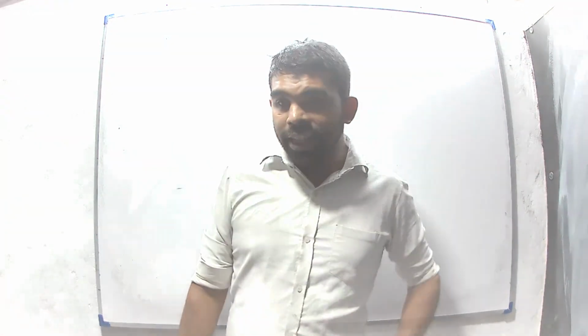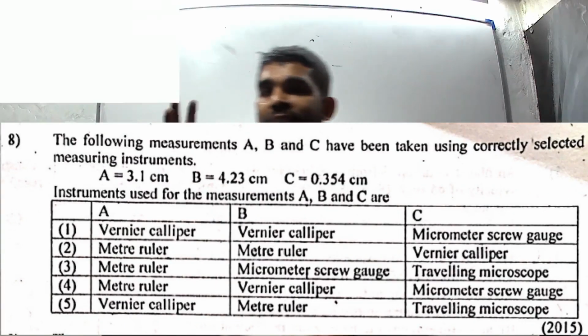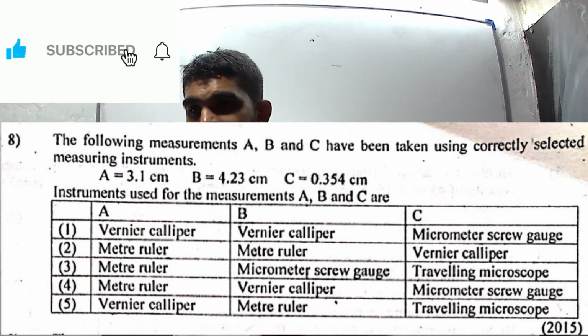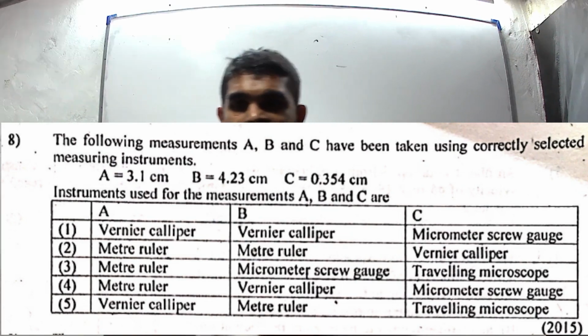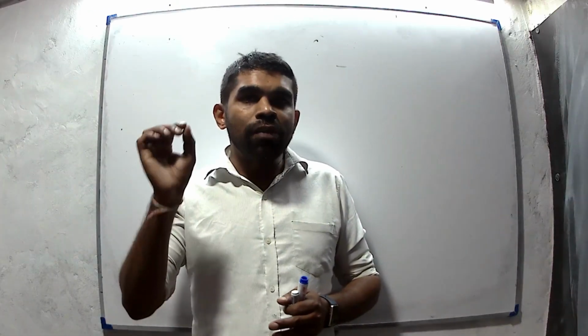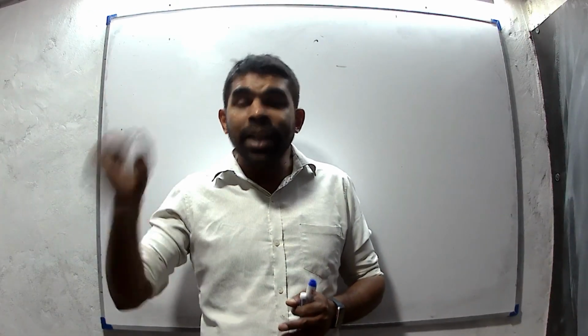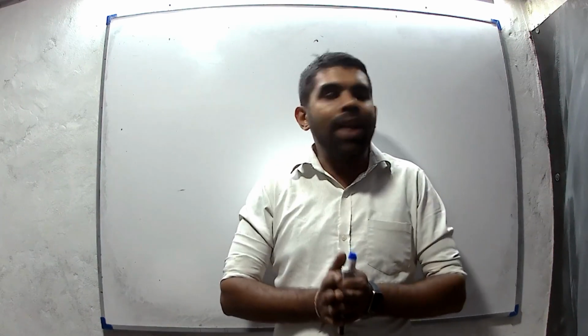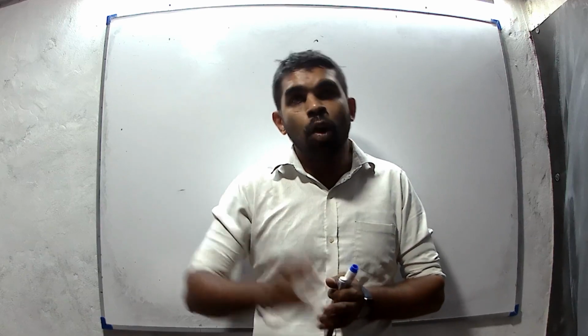Then question number 8. The following measurements A, B, C have been taken using correctly selected measuring instruments. A, 3.1 centimeters. There is only one decimal place in centimeters. It means least count should be 0.1 centimeter or 1 millimeter.